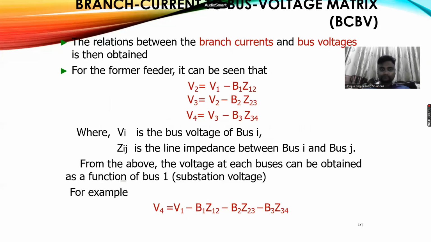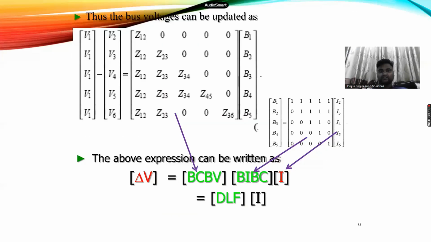In the given example, the voltage of bus 4, that is V4, can be calculated as V1 minus B1 Z12 minus B2 Z23 minus B3 Z34, and the drop will be equal to V1 minus V4. The order of this matrix will also be n minus 1 by n minus 1.